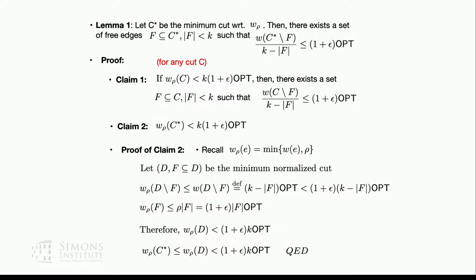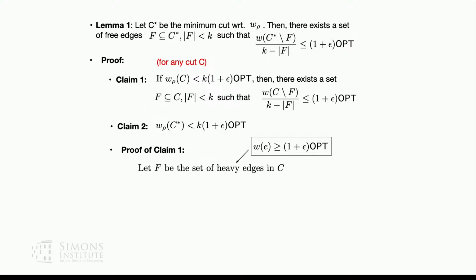Now we do claim number 1. So now we're going to prove the first claim. Let's fix any cut C satisfying the condition in claim number 1, where the truncated weight is at most 1 plus epsilon truncated times opt.